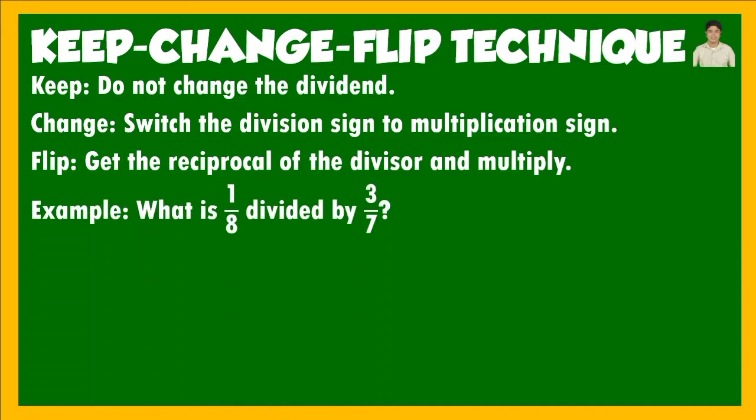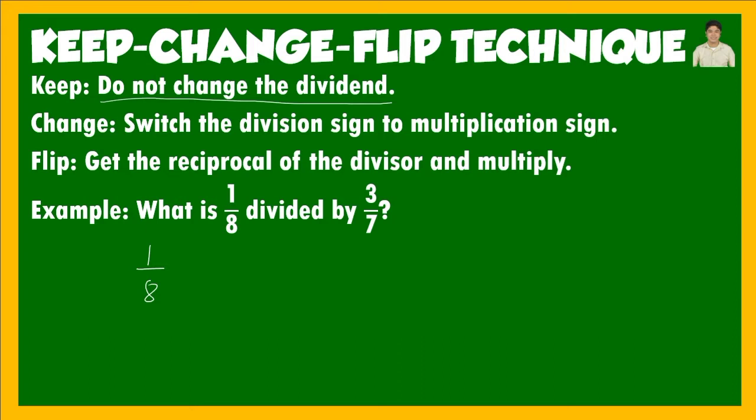For example, what is 1/8 divided by 3 over 7? First, apply keep. Do not change the dividend, so it stays 1/8.